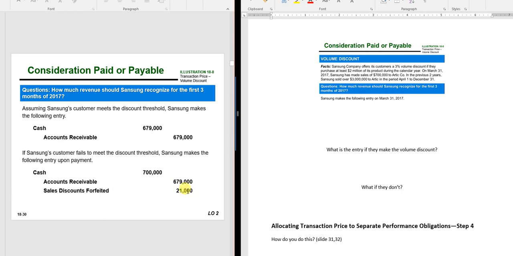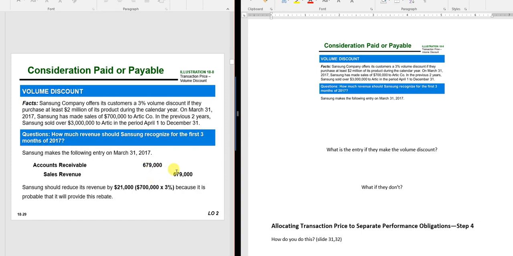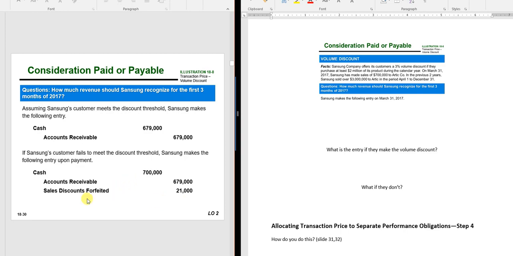Sales discounts forfeited, if you think about that one, has to be a revenue account. So if you want to put sales discounts forfeited revenue, you can, because think about it. I recognize revenue here of $679,000, and I just got an additional $21,000, so that one has to be a type of revenue account.